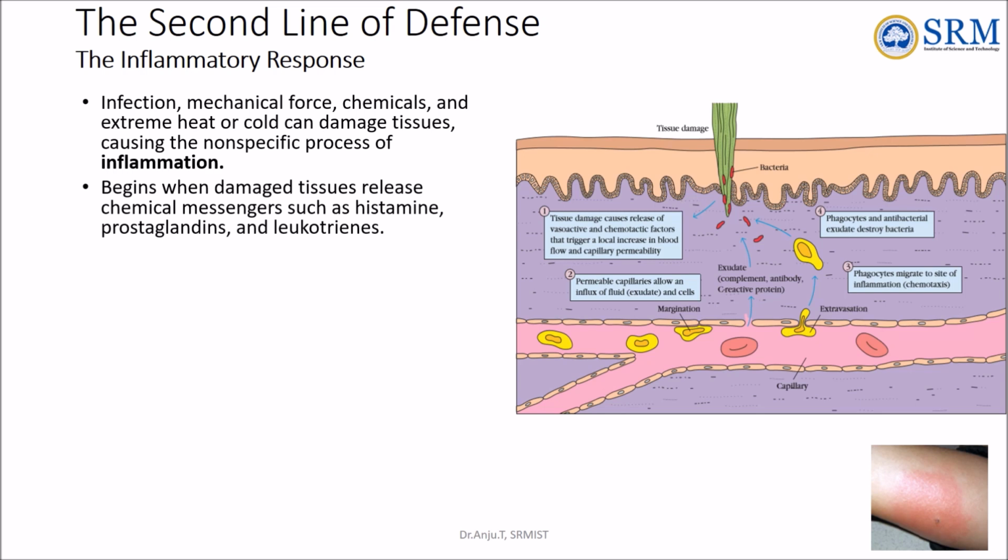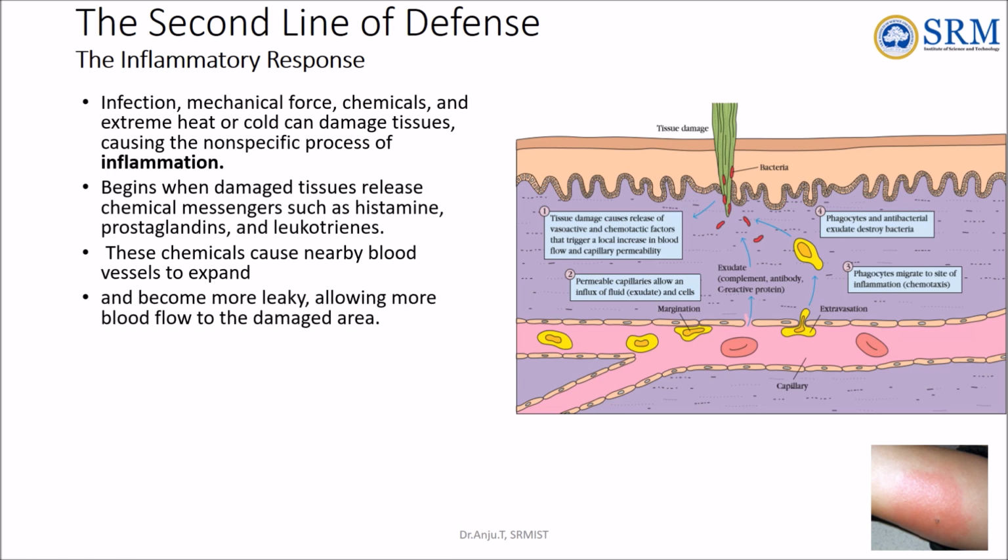The inflammation process starts when the tissue is damaged and release of chemical messengers such as histamine takes place. Once the chemicals are released, they expand the blood vessels, making them more leaky, allowing the immune cells and proteins to flow to the damaged area.